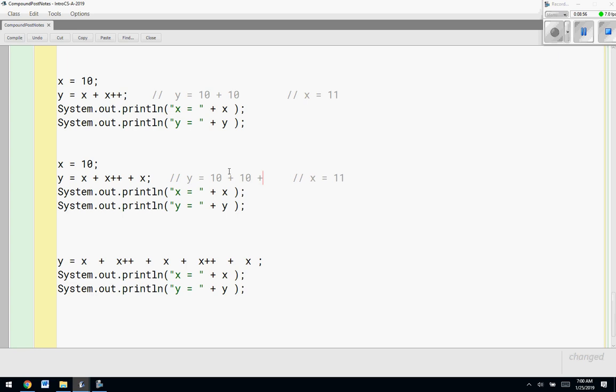Well, x is no longer 10 because of this. It increased by 1, x is now 11. So here this will print x equals 11, but then this one will print y equals 31.